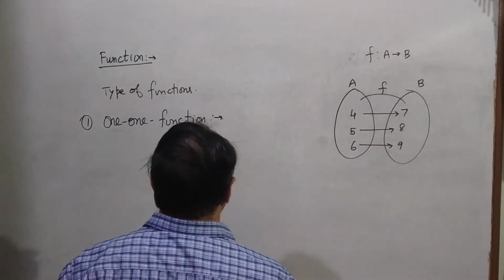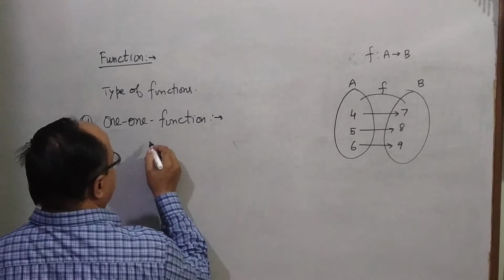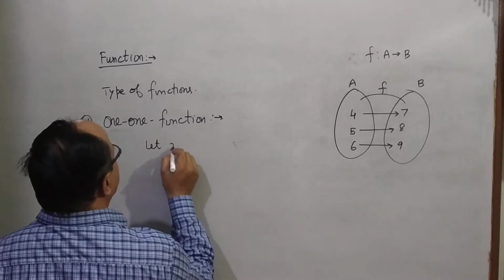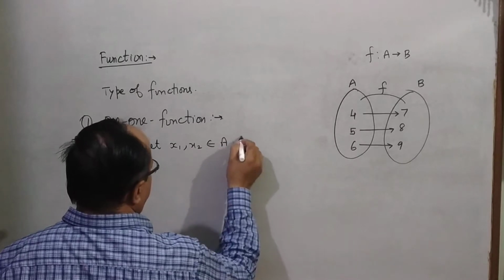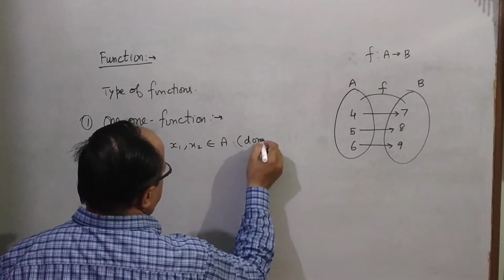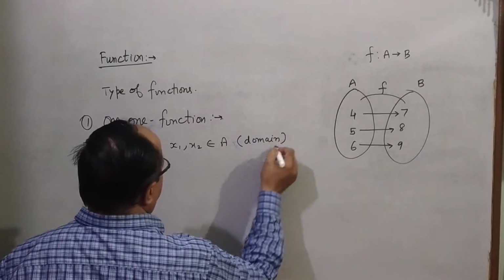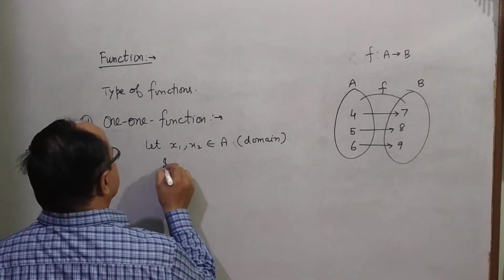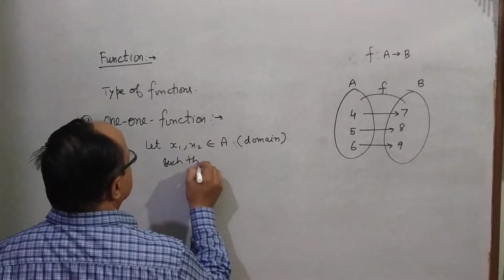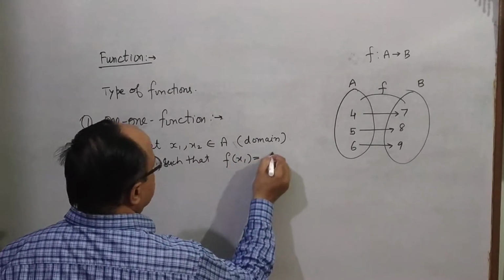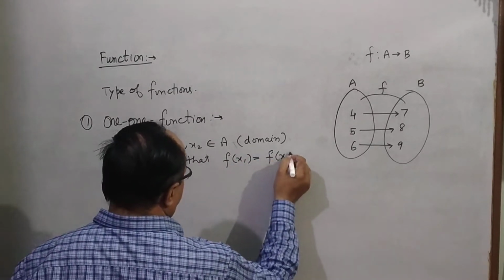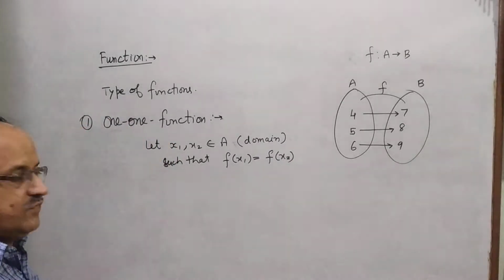And how can you prove a one-one function? Let x1, x2 belong to A, the domain, such that f(x1) is equal to f(x2).